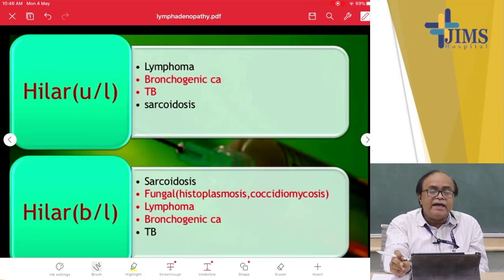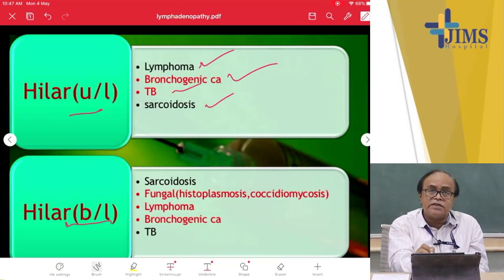Then hilar lymph nodes, it is inside the chest, unilateral or bilateral. One side of the hilar lymph nodes may be enlarged or both sides may be enlarged. So if it is unilateral, what may be the cause? Lymphoma, bronchogenic CA, tuberculosis, sarcoidosis.